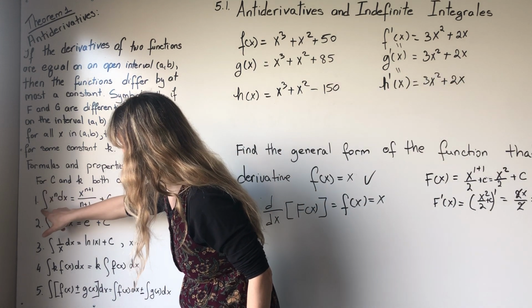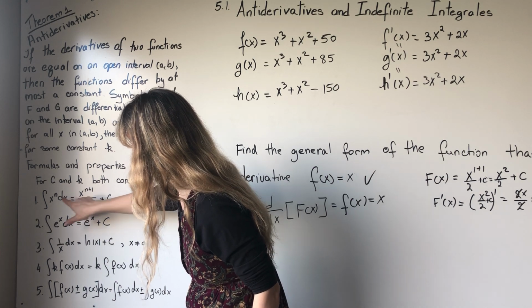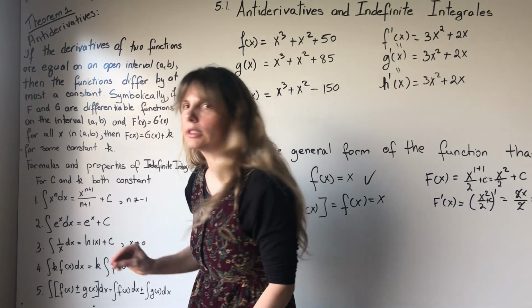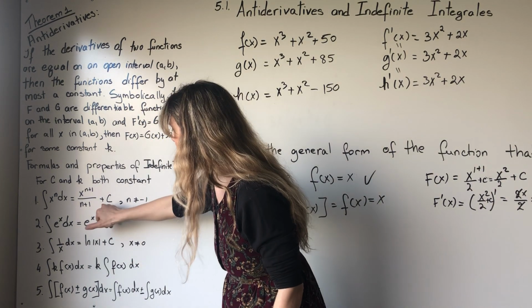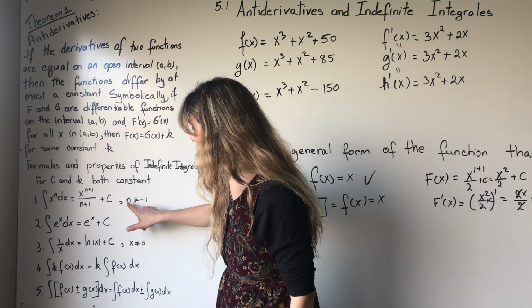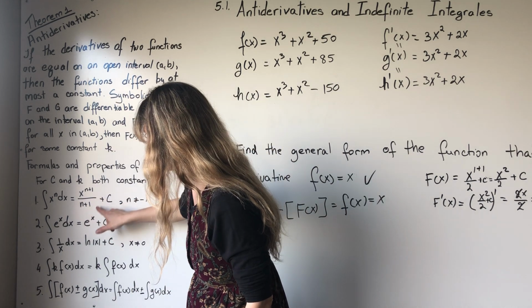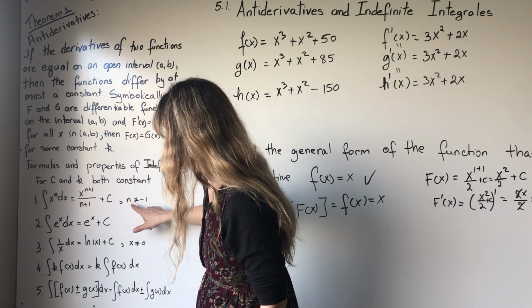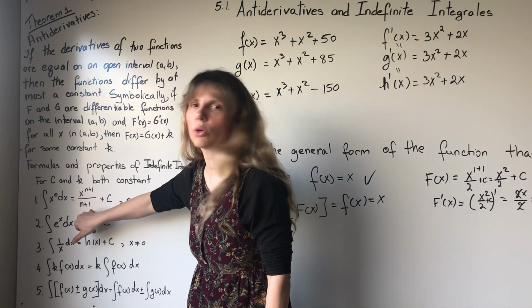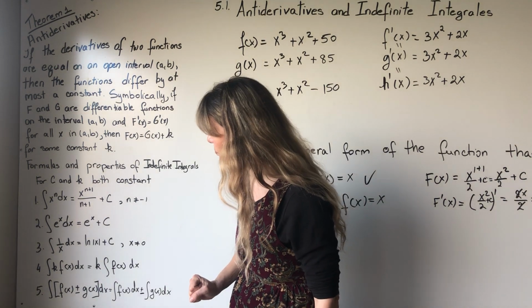So the integral of x to the n dx is equal to x to the power of n plus 1 divided by n plus 1. And we cannot forget what? The constant, right? Plus the constant. And also we have to remember that in this case n cannot be equal to -1, because if n is equal to -1, we have division by 0.